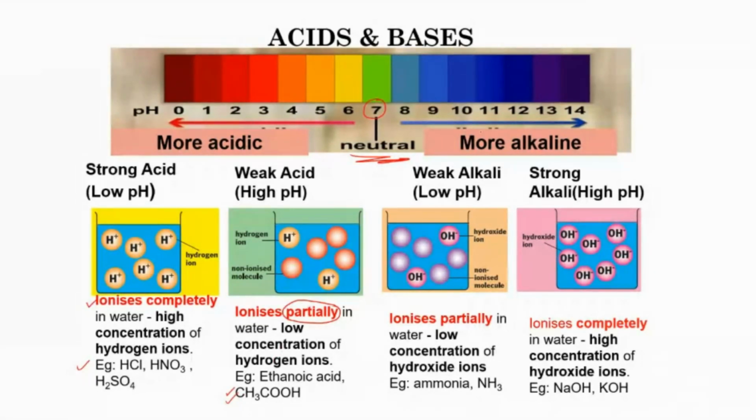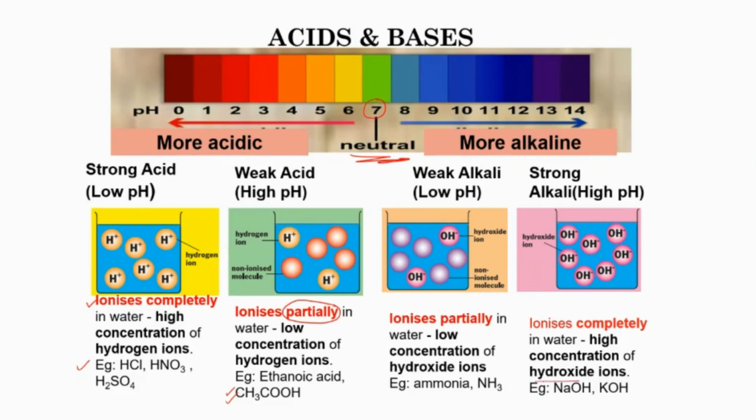Then for alkali, more than 7, 7.01 is considered alkaline already. More toward 14 is more alkaline, strong alkaline. So higher pH. Then the definition is the same. Ionizes completely in water, producing a high concentration of hydroxide ions.